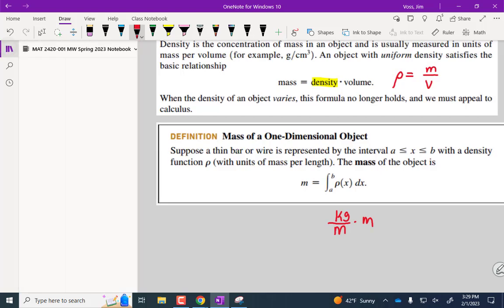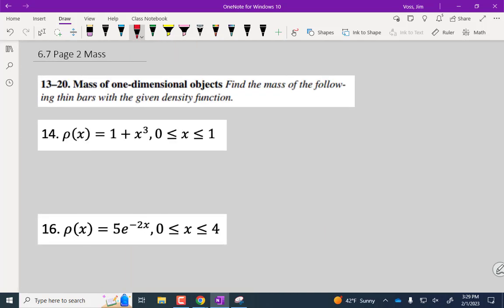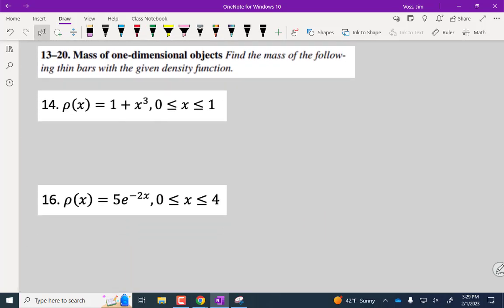Okay, so for this piece, we're really just focused on the concept here. These are not going to be on the exam. Integrating both of these, you know how to integrate those. So if this is the density function, we have a variable density function, then the mass is just the integral of this density function on the interval. So we're really just focused on the concept at this moment, nothing special here.